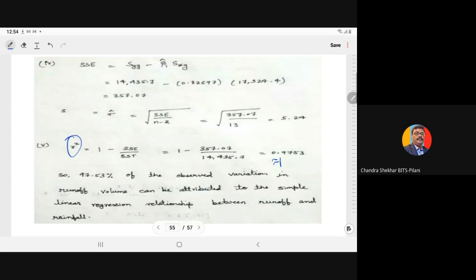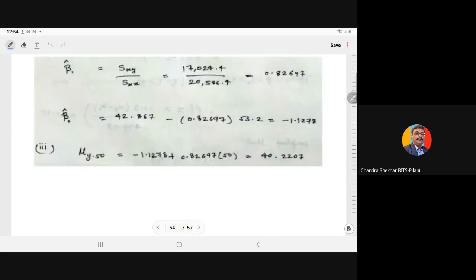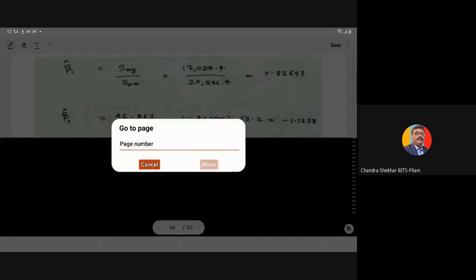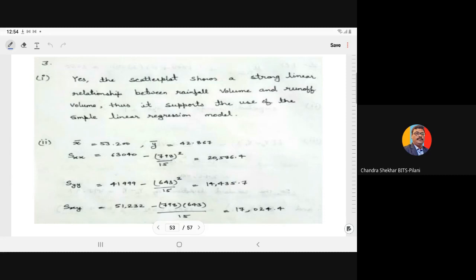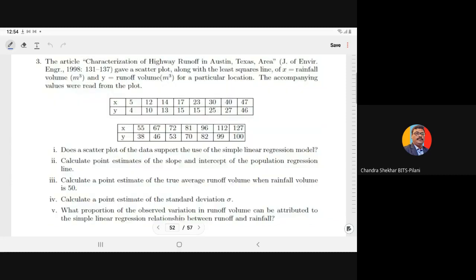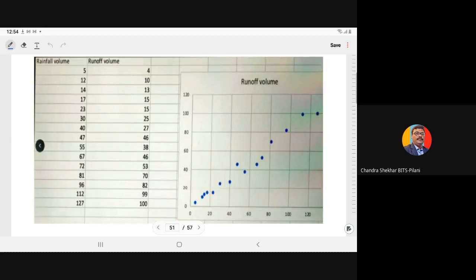From the figure also it is visible that the regression line and all the scattered points are nearby. Whether you draw the regression line or observe the scattered points, you will find that they are nearby. If they are nearby, we can conclude that they follow the linear property.